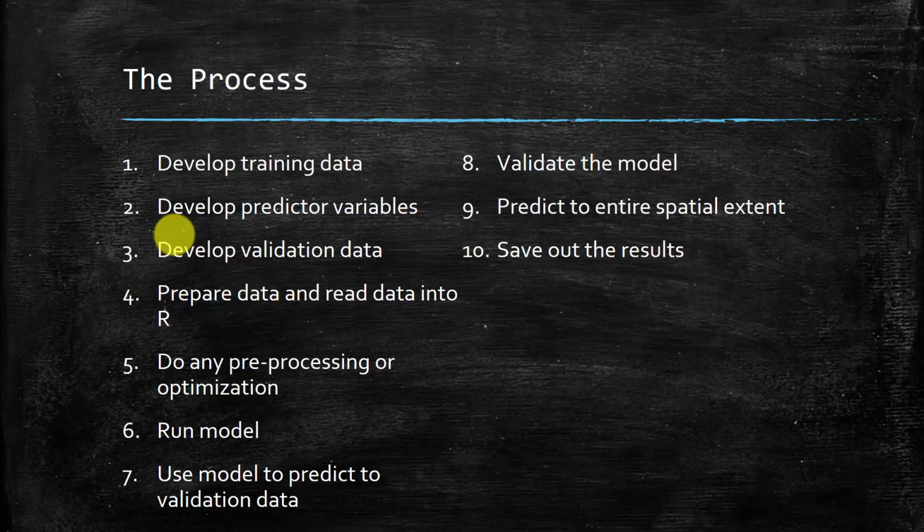So predict, say, every pixel in a raster grid or every polygon in a layer. And you can save that result out to use in a different environment. So in your GIS software, maybe to make a web map out of or include in a report or do additional statistical analysis. So let's look at some of these key steps in a little bit more detail.